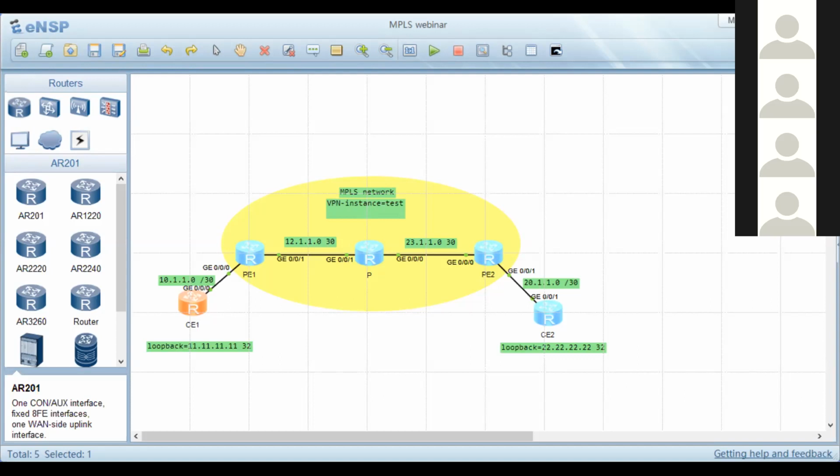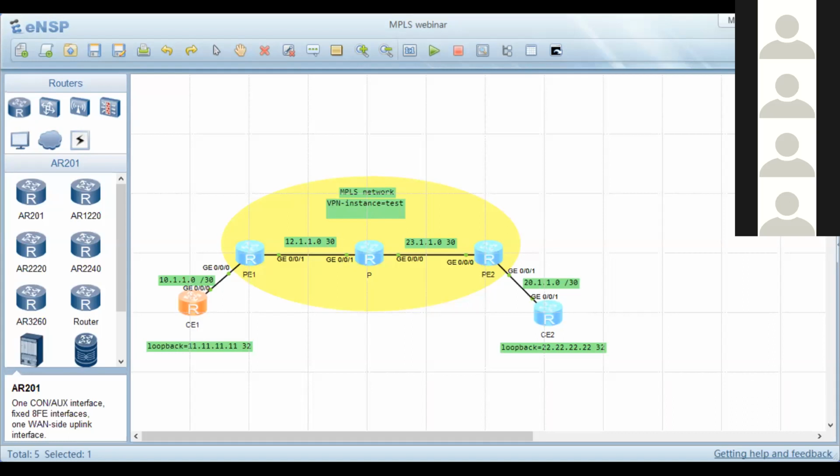And what is the function of the VPN label? The VPN label is used to carry the route distinguisher throughout the MPLS network.